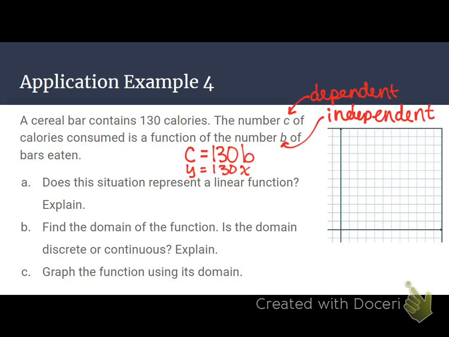Do we remember all those things that made them non-linear? So this one is going to be linear. All we're doing is multiplying x. Just multiplying. So it will be linear.